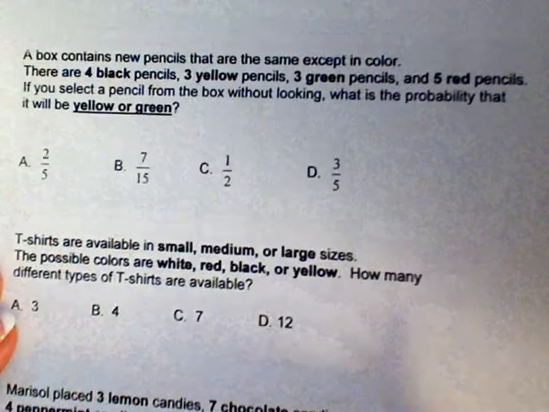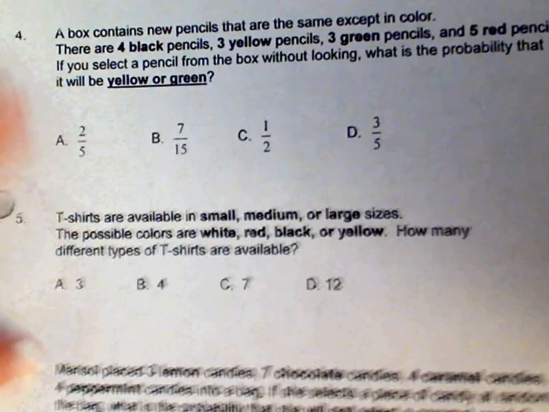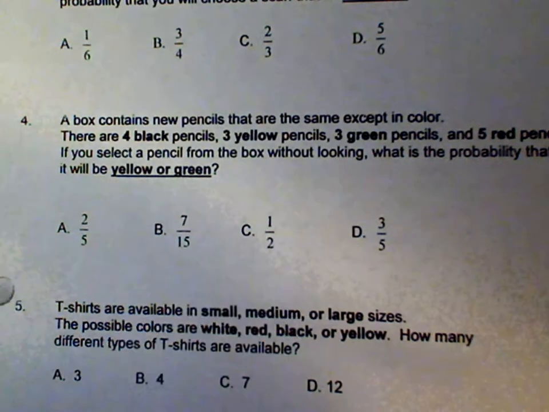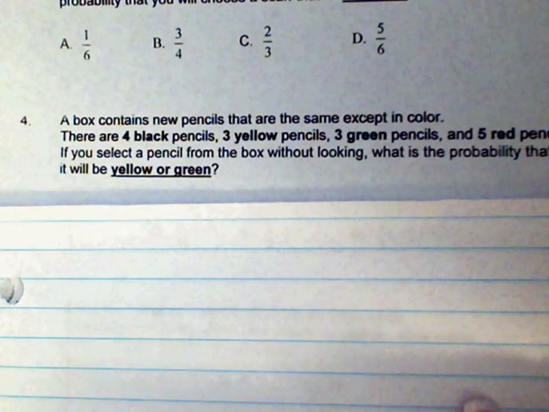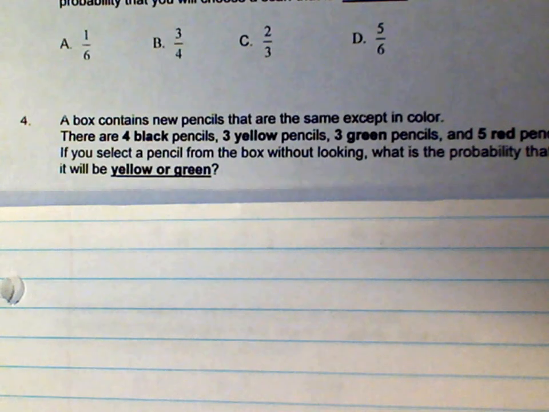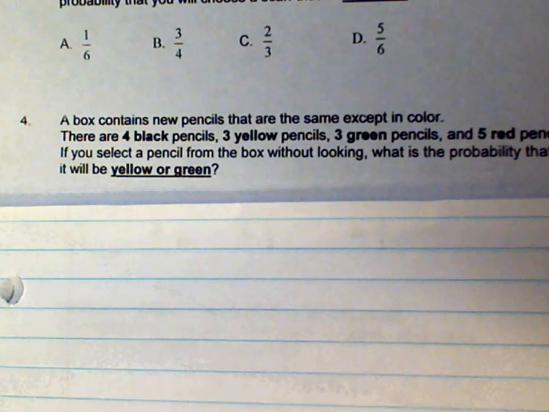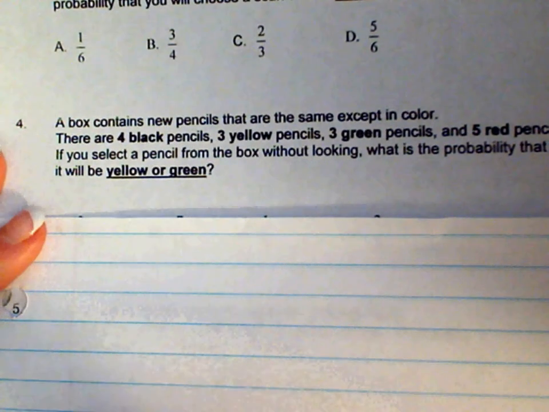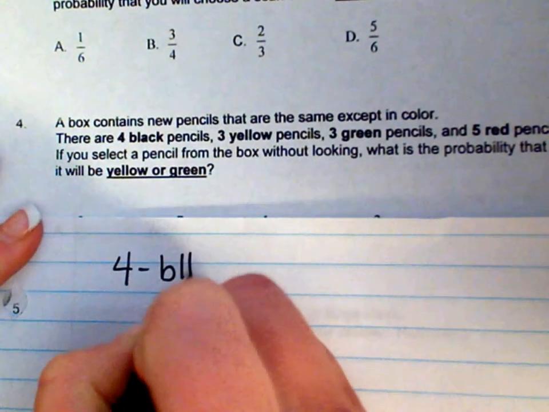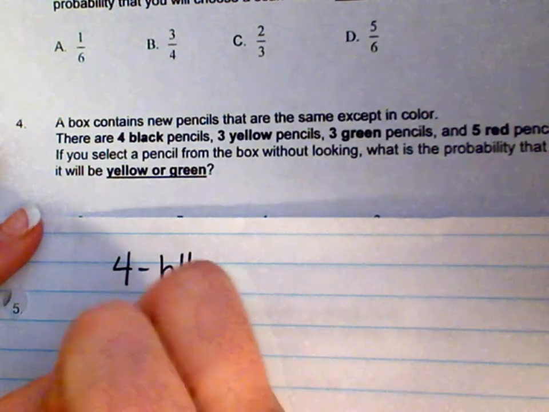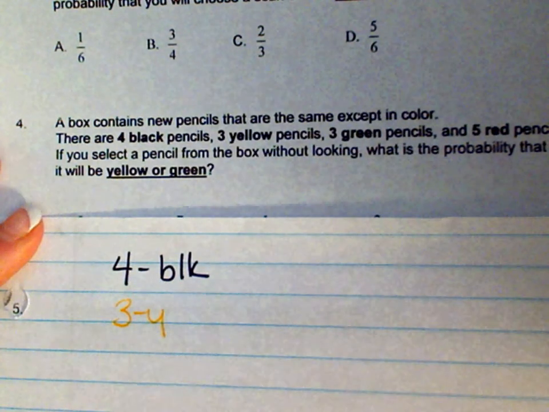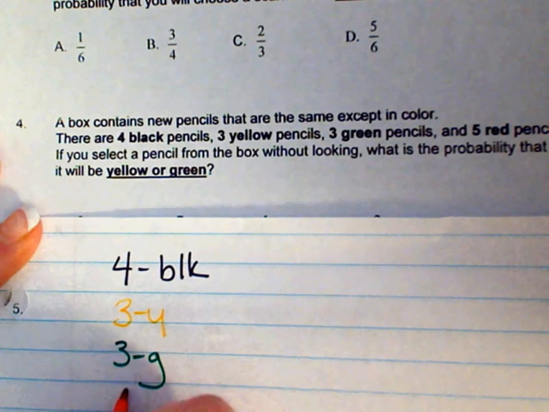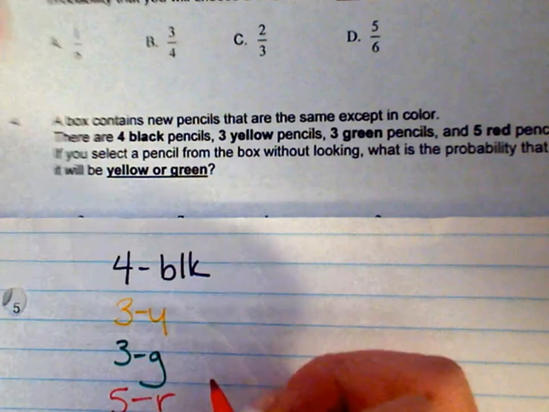The only other one that we have seen that has been a little confusing is number 4. Same idea. You have black pencils, yellow pencils, green pencils, red pencils. If you select a pencil from the box without looking, what's the probability it will be yellow or green? Well, we have 4 black, 3 yellow, 3 green, 5 red.